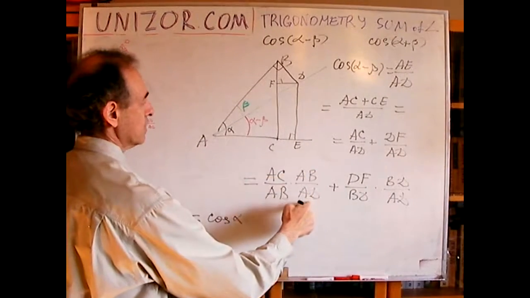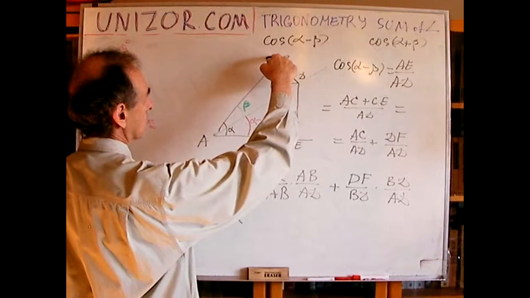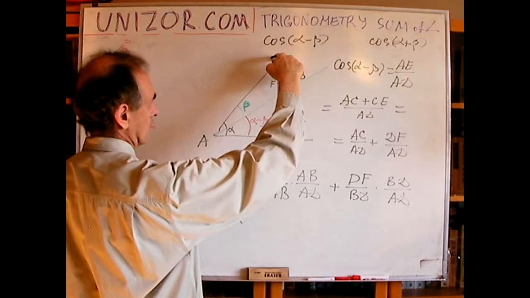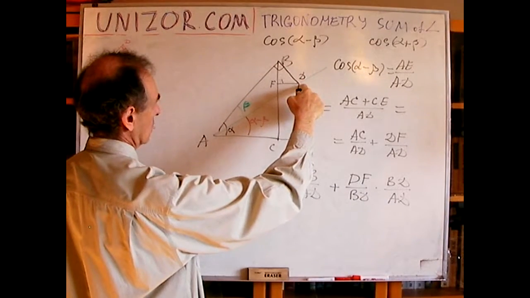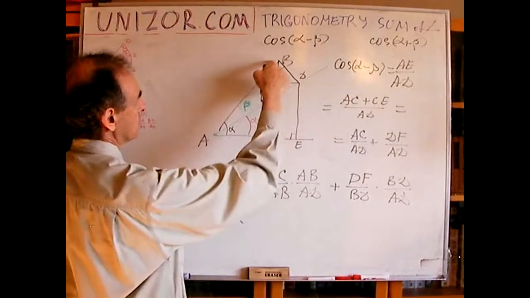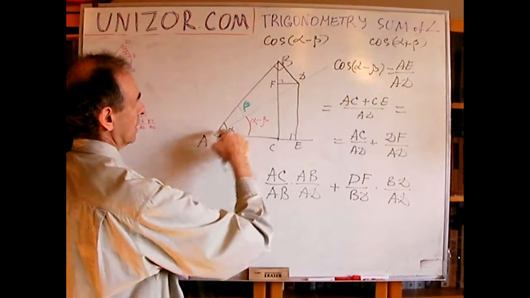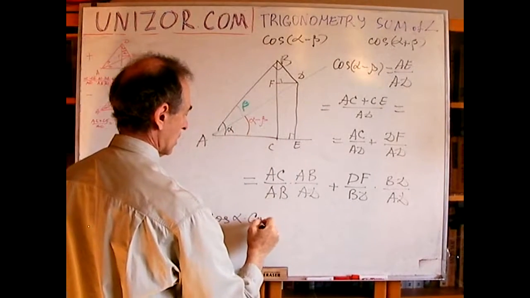Now what is AB over AD? Now this is an angle beta. So AB is adjacent cathetus and AD is hypotenuse. So this is cosine beta.